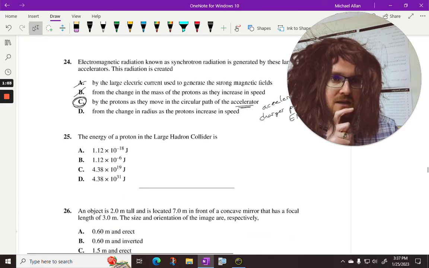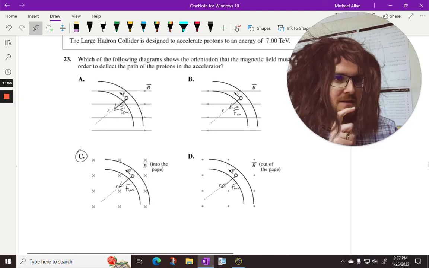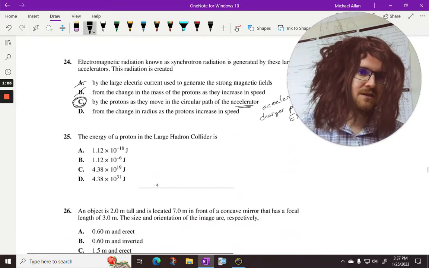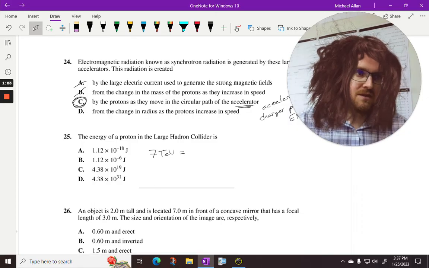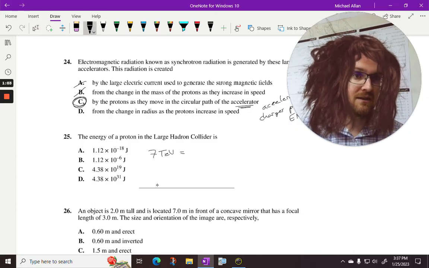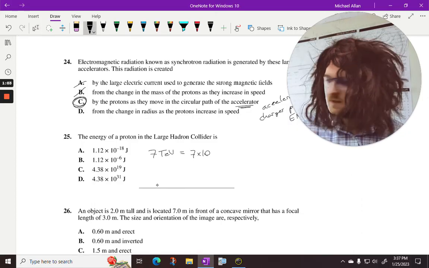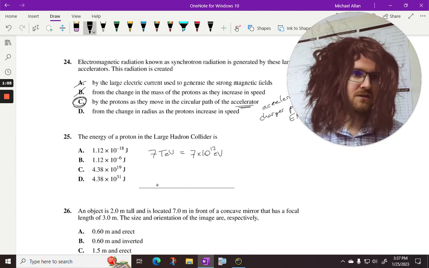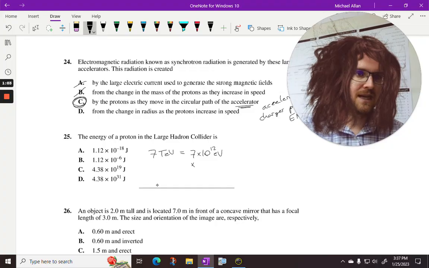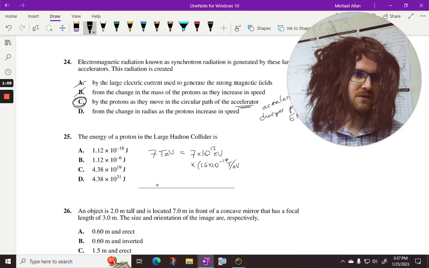The energy in joules, because up here they give it in electron volts, so this 7 tera electron volts, just converted simply into joules. I'm just going to take that tera, first of all, and get rid of it. So the tera is times 10 to the 12 electron volts. And I'm going to just times this by the 1.6 number to get rid of the electron volts. That's how many joules are in 1 electron volt.